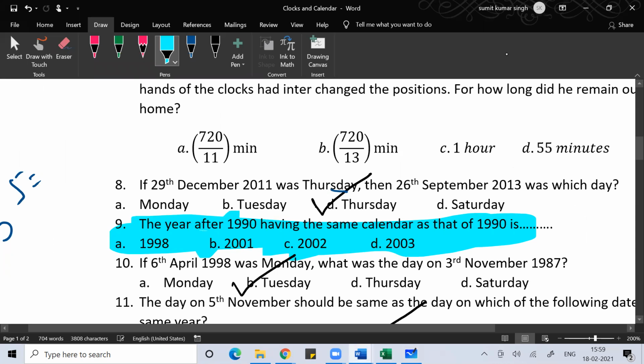Clear, everyone? Anyone have any doubt? Anyone, any doubt, any question?